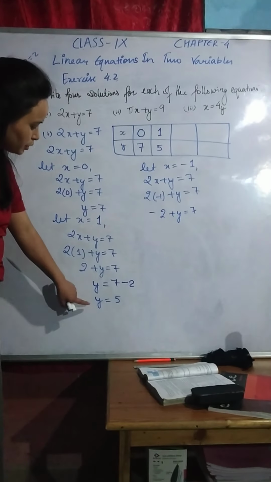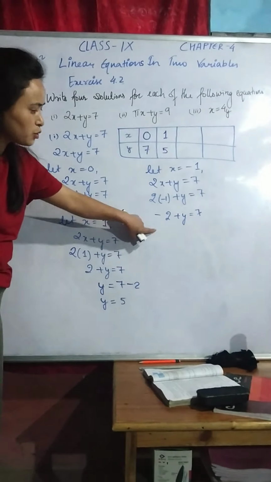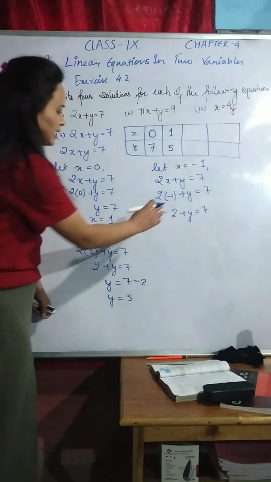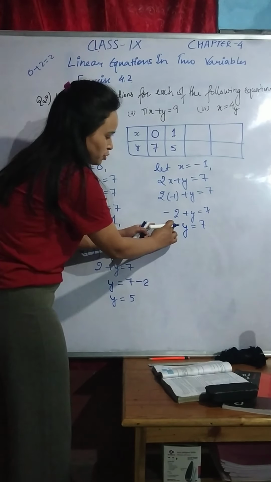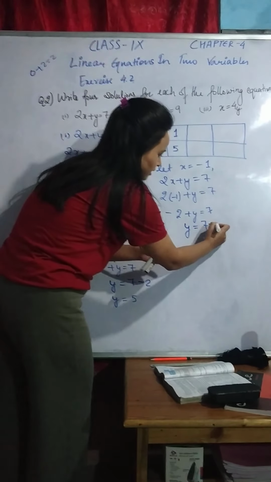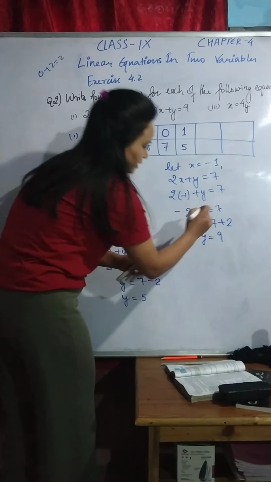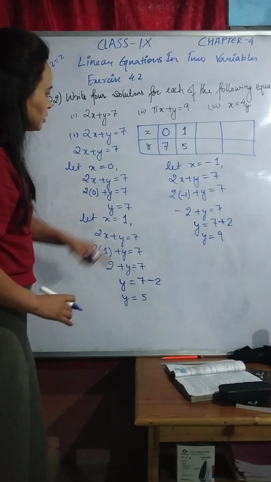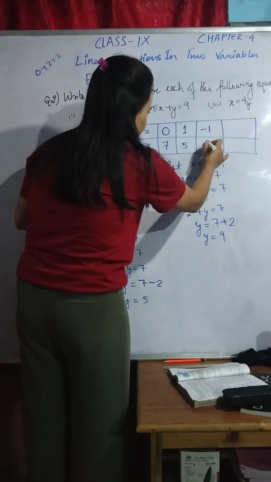As I already told you, we cannot keep any number with y, so we have to take minus 2 to the right hand side. Now this becomes y is equal to 7. Minus 2, when we take it to the right hand side, it becomes plus 2. So y is equal to 7 plus 2, which is 9. So when we assumed the value of x as minus 1, we got y as 9.